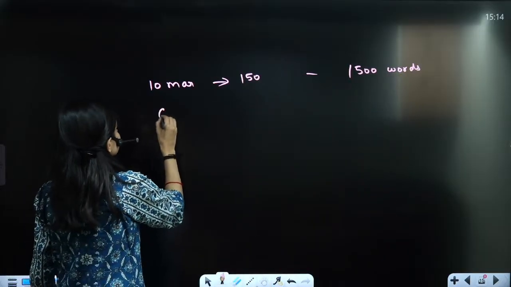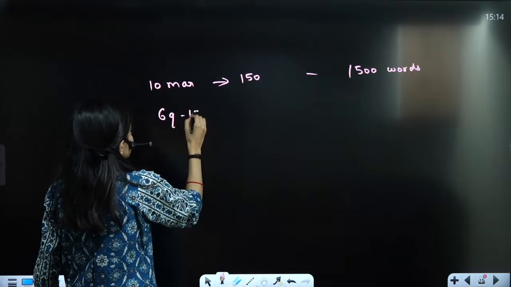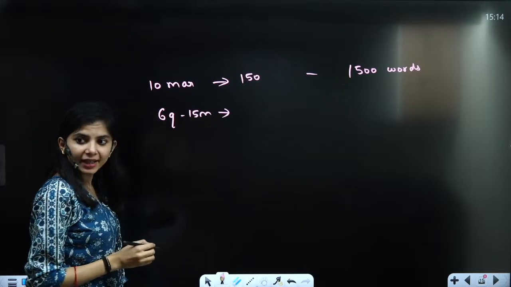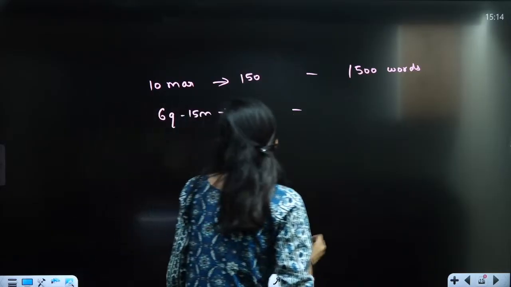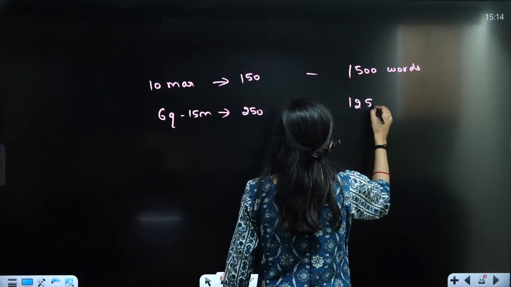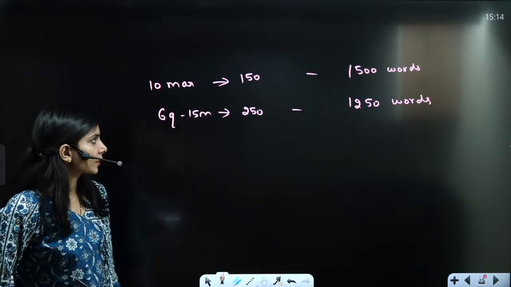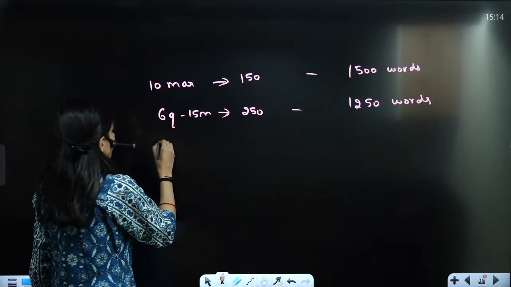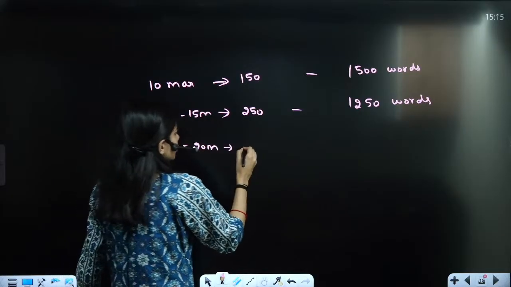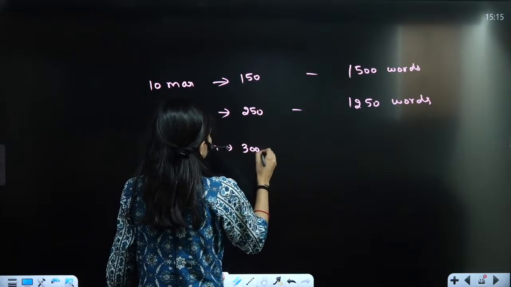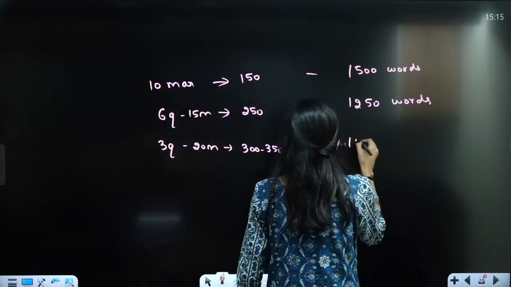Then 6 questions of 15 marks: for that you need to write 250 words, so it would be around 1250. And you need to write 3 questions of 20 marks, which should be written in 300 to 350 words. For that, you need to write 1050.